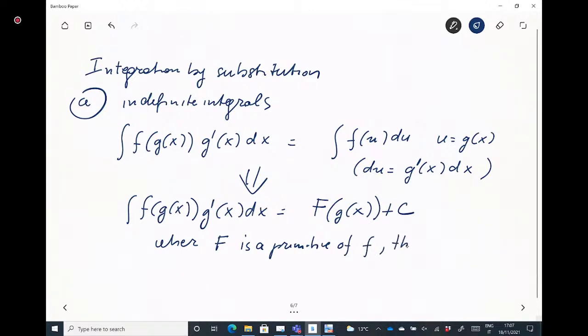That is, the derivative of capital F is equal to lowercase f. So this is basically the statement of the rule of integration by substitution, and what follows is the result.